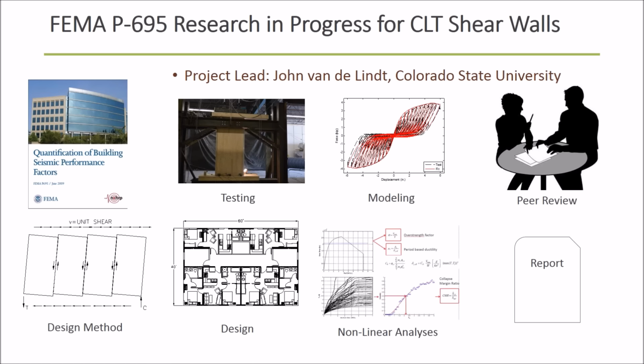There's an ongoing multi-year project led by John van de Lindt at Colorado State University undergoing this process, which we're getting near the end of, that we hope will define a CLT shear wall system and then have the R value, Cd, and omega naught value resulting from the P695 process.